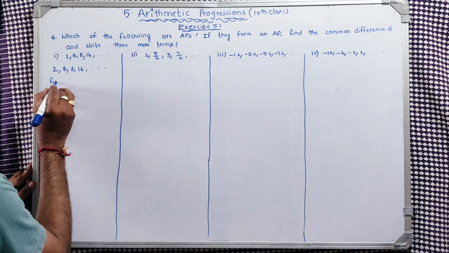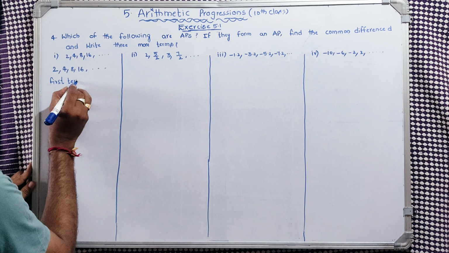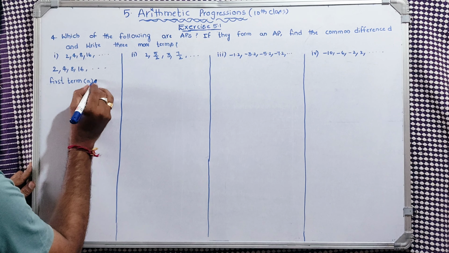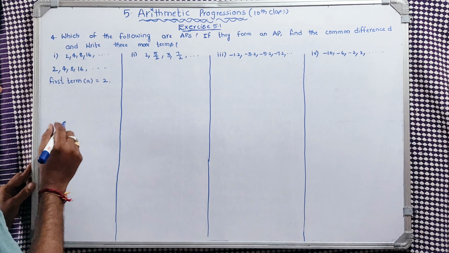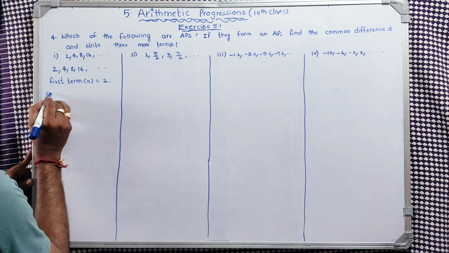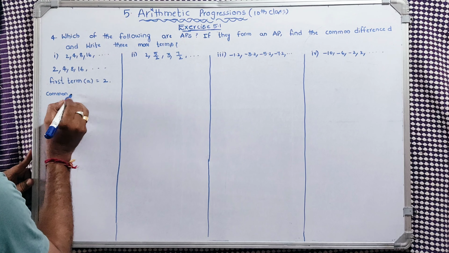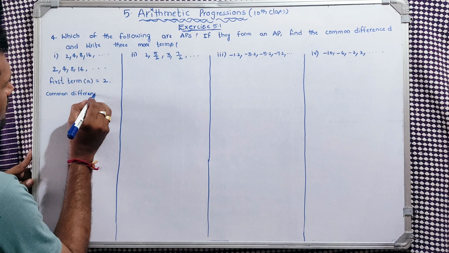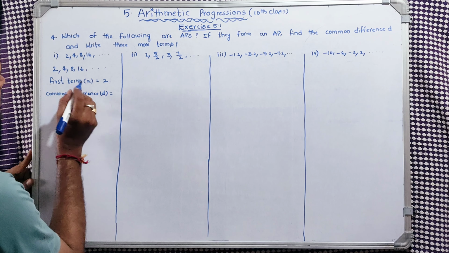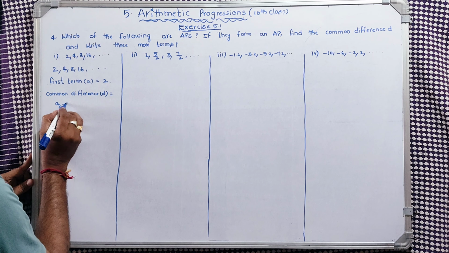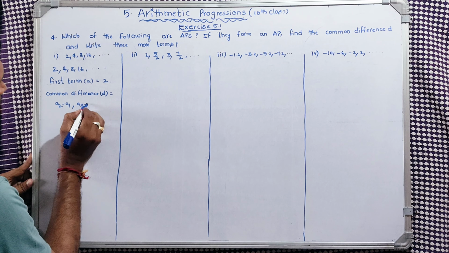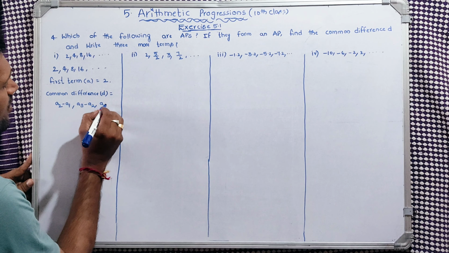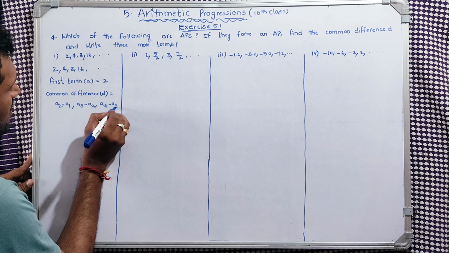Here, the first term is A equal to 2. Next, common difference. D equal to A2 minus A1, A3 minus A2, A4 minus A3.